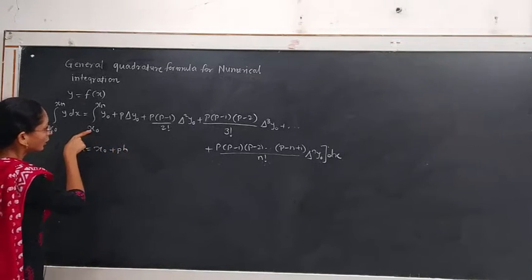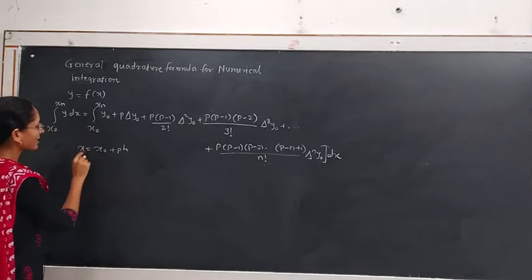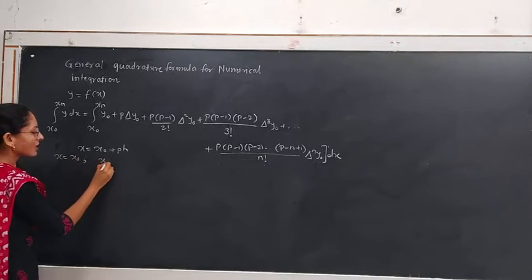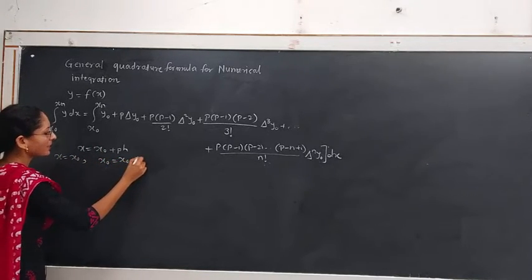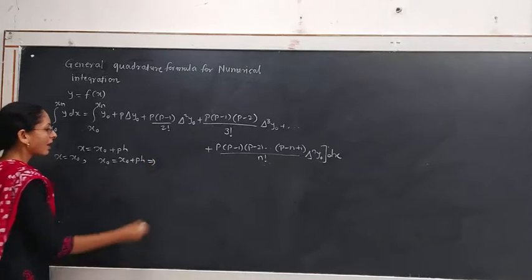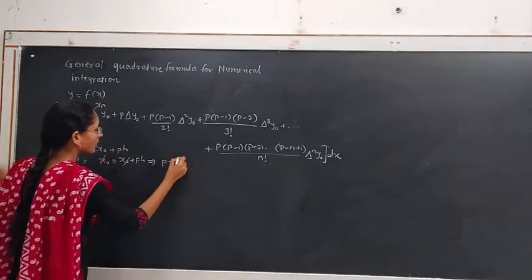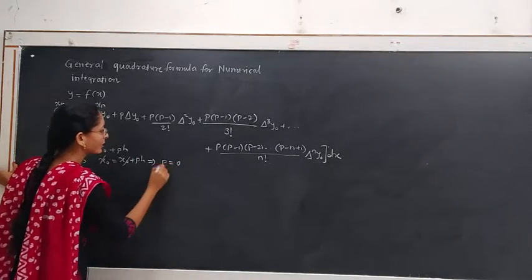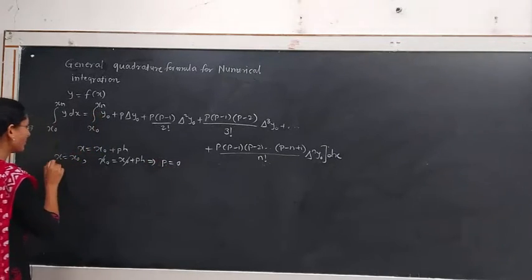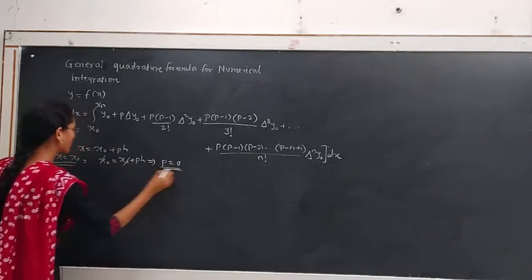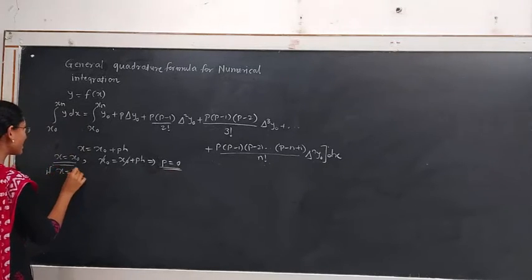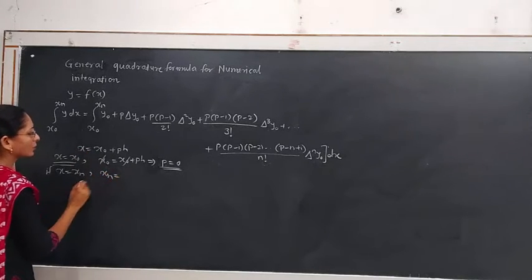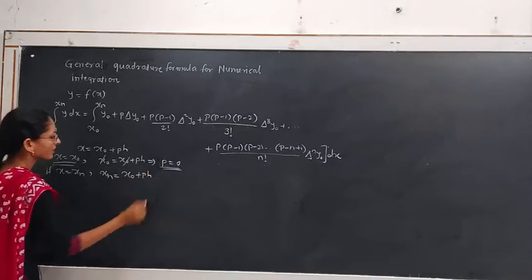If we put x is equal to x0, this equation gives x0 is equal to x0 plus ph, which implies the value of p is 0. Because h is constant and non-zero, ph equal to 0 implies p equal to 0. Hence, if x is equal to x0, then p is equal to 0. If x is equal to xn, then xn is equal to x0 plus ph.